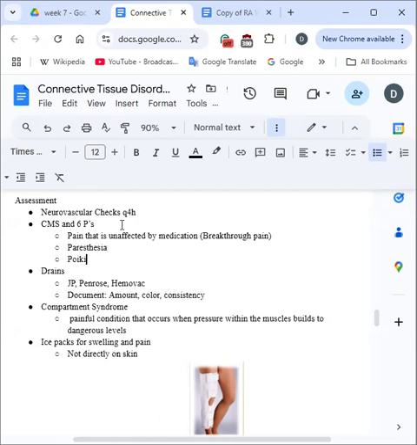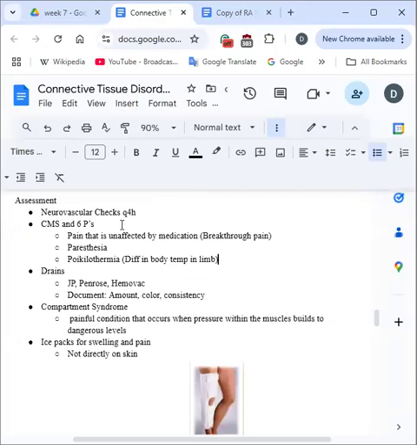They call it poikilothermia, which is the difference in body temperature in the limb. One limb feels really hot and inflamed, the other feels cold. So again, just a comparison of right versus left.